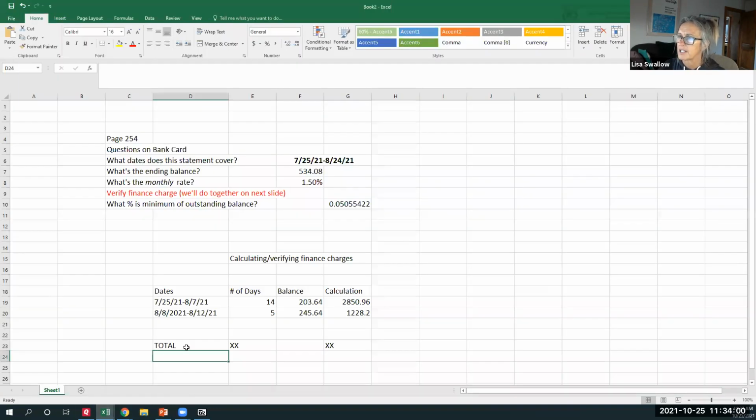Sorry, let me just go back and see this. So on 8/13, it goes up from $245.64. I add another $166.86. So now it's $412.50.